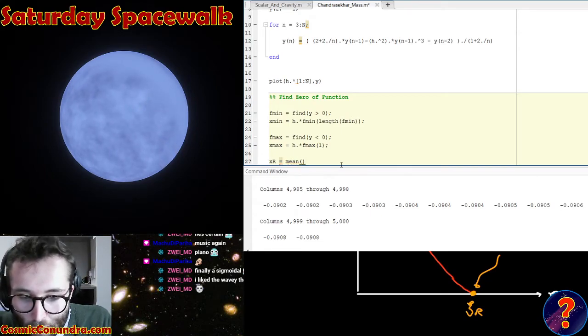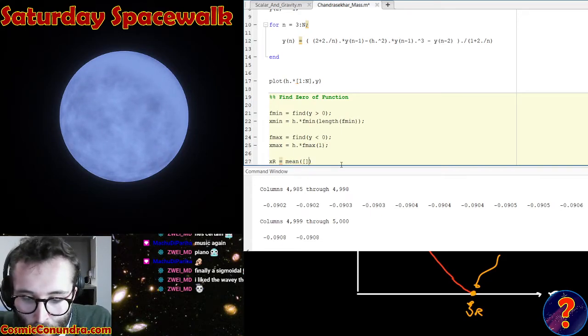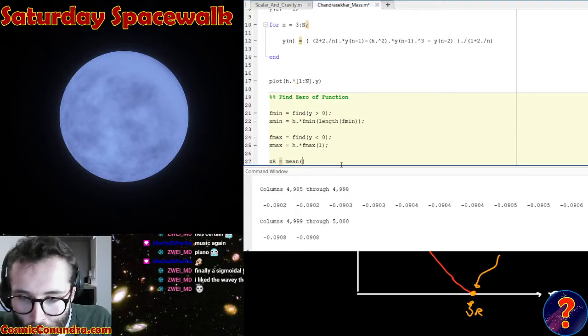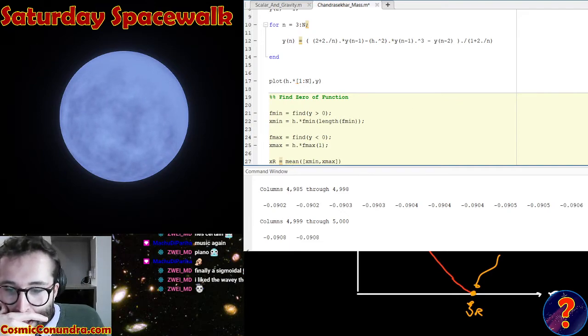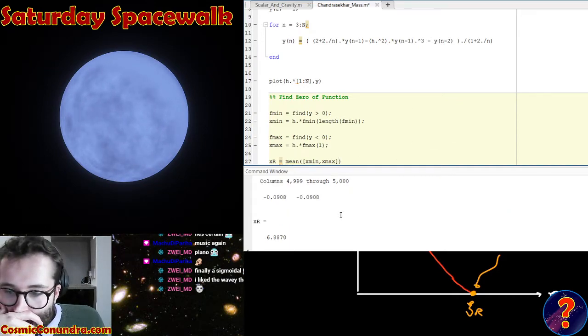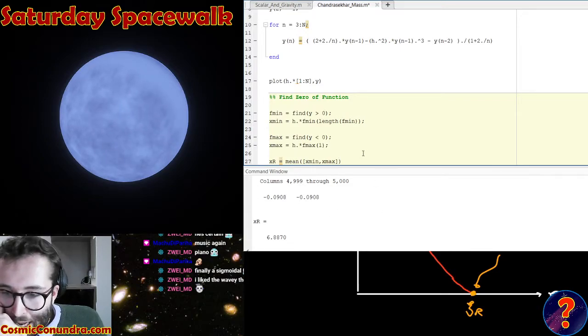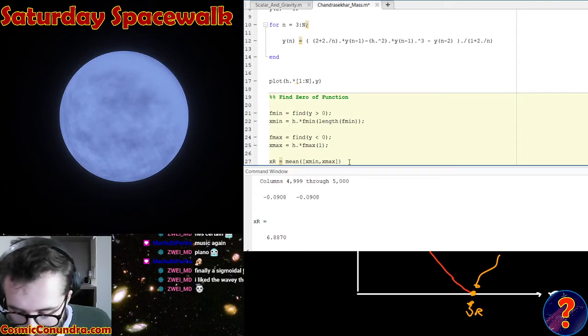So it's the mean of x min and x max. Okay. So let's see what that gives us. That gives us xr is 6.887, which it turns out is very accurate. So this is very good.